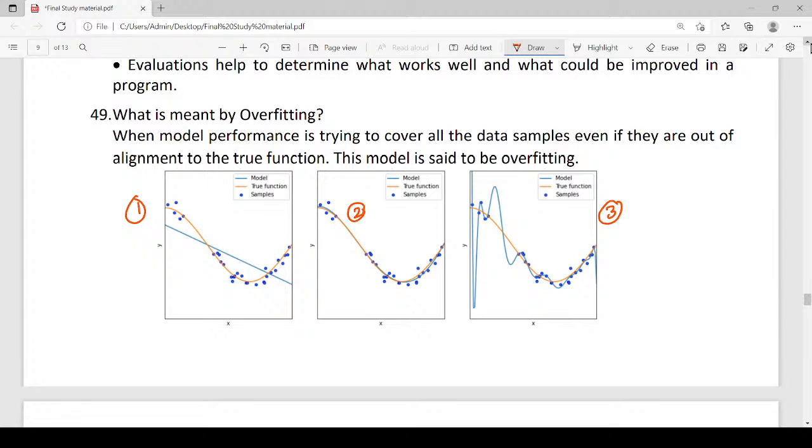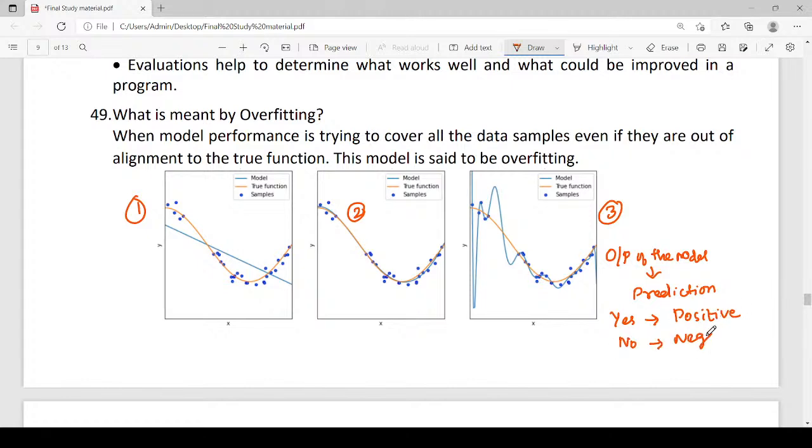Now remember, whatever is the output of the model, that is your prediction. If the prediction says yes, it is a positive prediction. If the prediction is no, then it is a negative prediction.